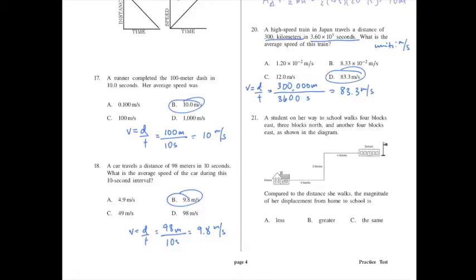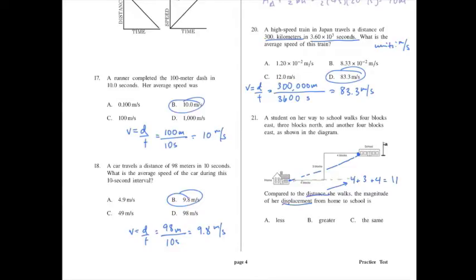Number 21, a student on her way to school walks 4 blocks east, 3 blocks north, and another 4 blocks east. I gave you this question too in class. Compared to the distance she walks, the magnitude of her displacement from home to school is... If you calculate the distance, it's the travel path: 4 plus 3 plus 4 equals 11 blocks. Displacement is the straight line in blue.